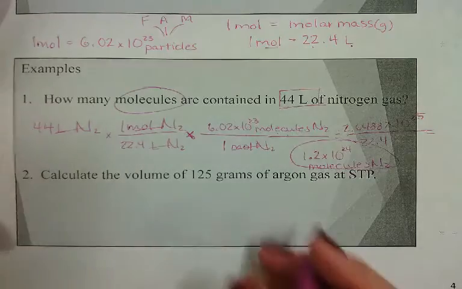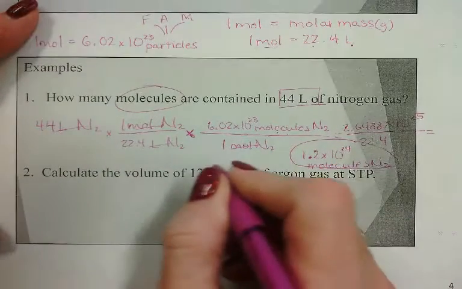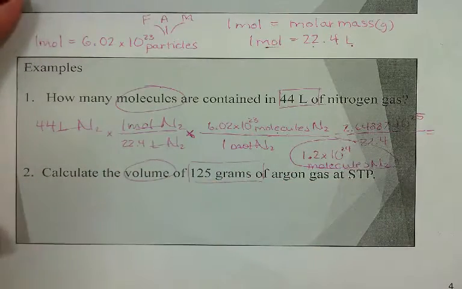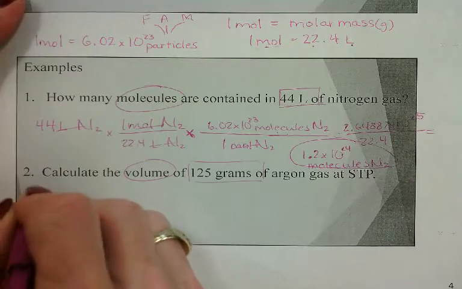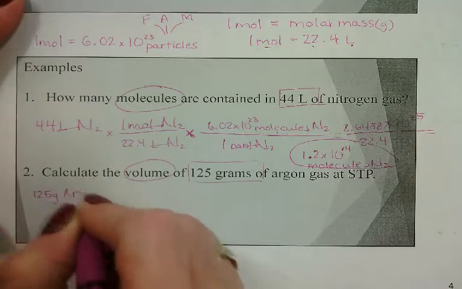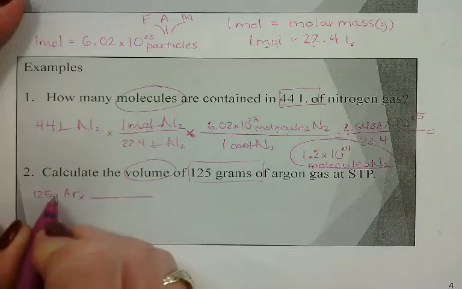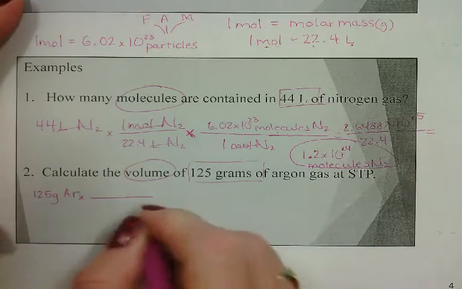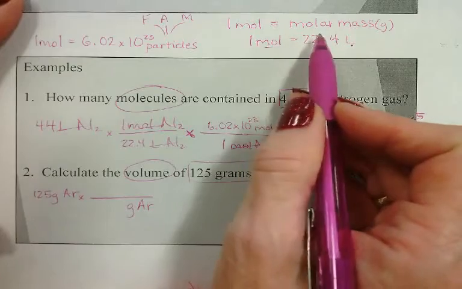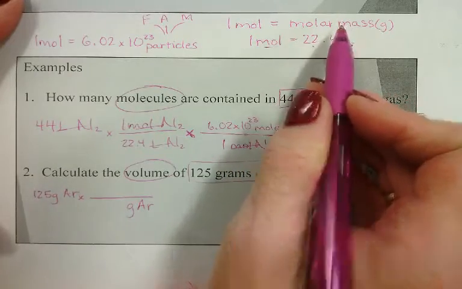Let's add grams in here. That is my given, and volume's my unknown. Start the same way: 125 grams of argon. Disco down the unit. Grams is in the numerator, so grams goes down here. Go back up here. What's in front of grams? Molar mass.